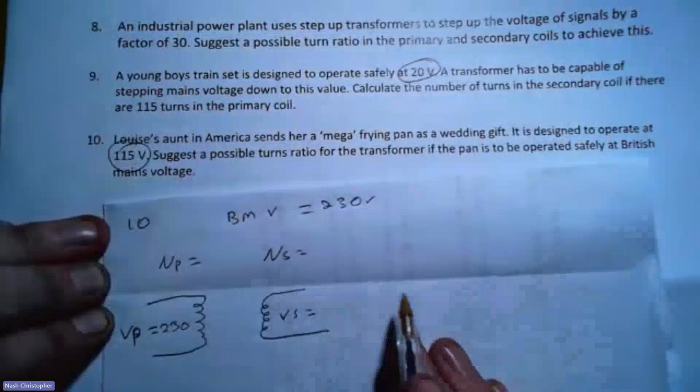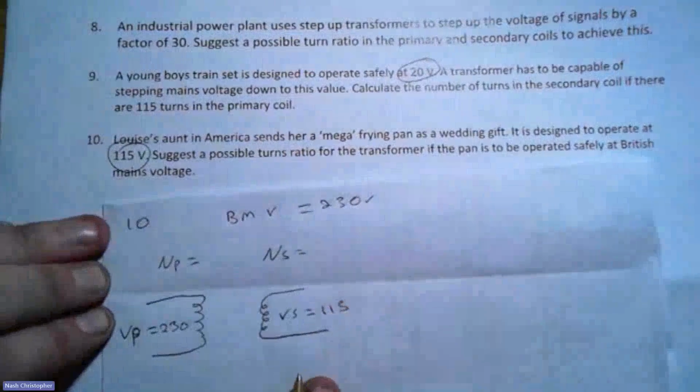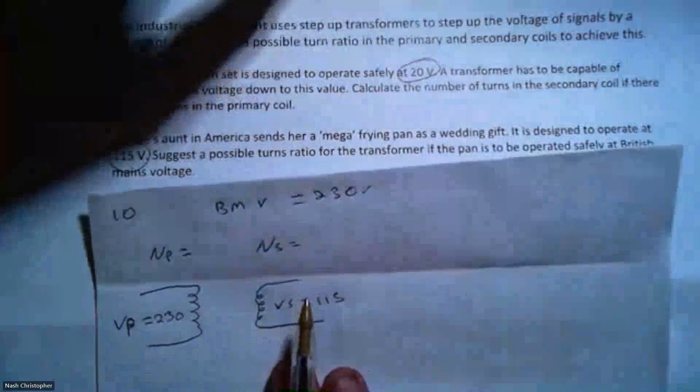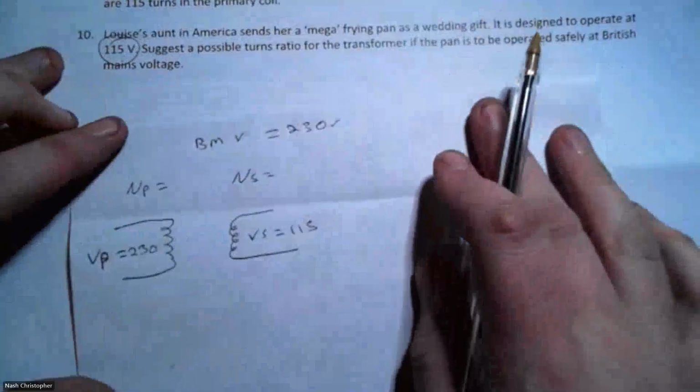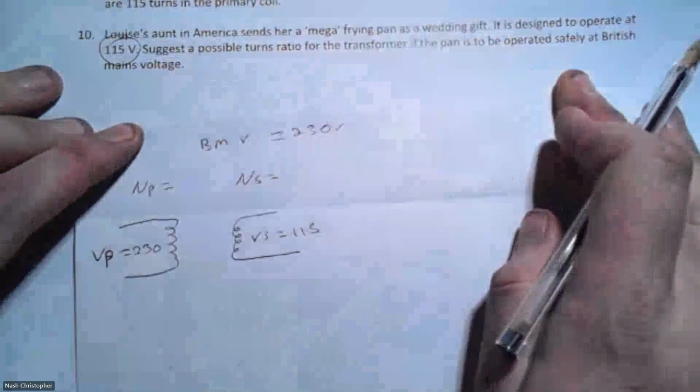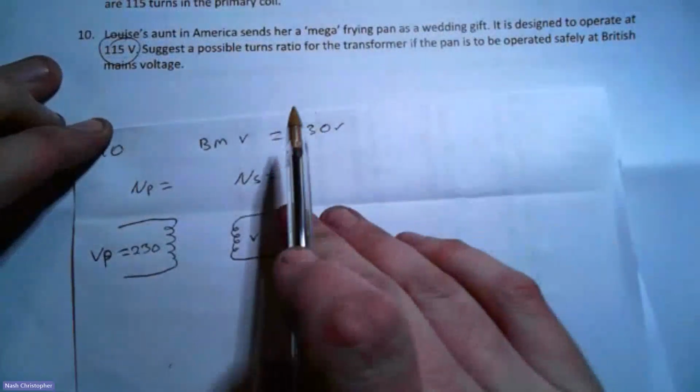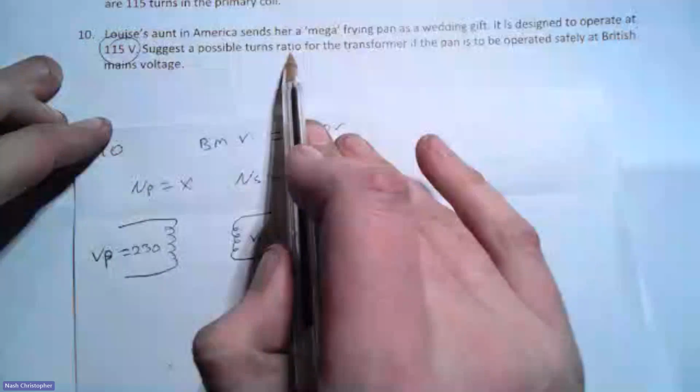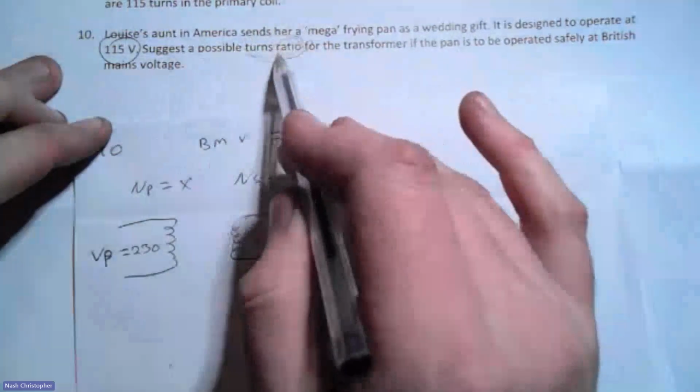Your secondary is giving out 115 volts. So with this question, it's not actually interested in the number of turns. It wants to know what the ratio is.